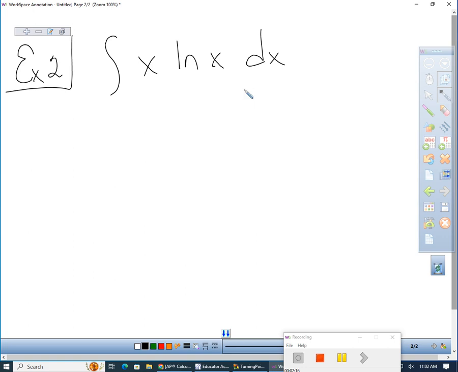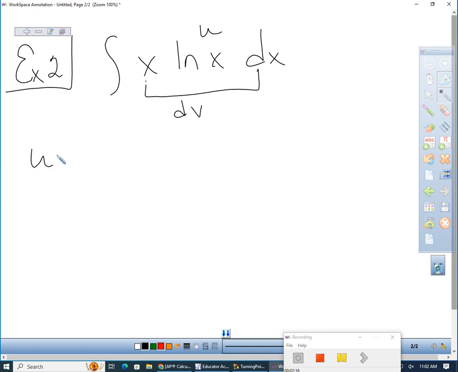Now this one's a little bit trickier, depending on what you want to use for your u. Because there is no antiderivative to natural log, right? That means we want to use our x dx as our dv right here. And natural log x is going to be our u.